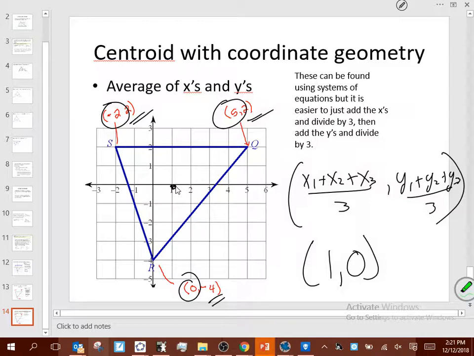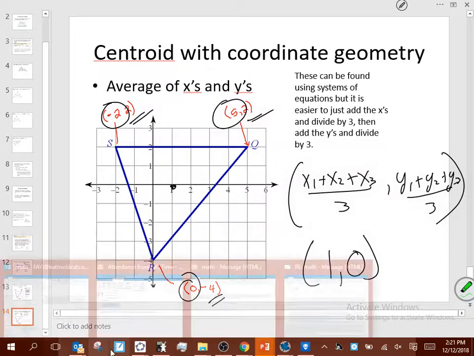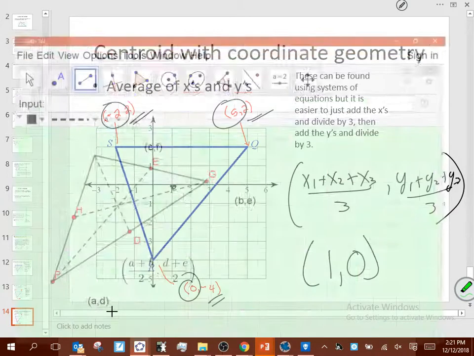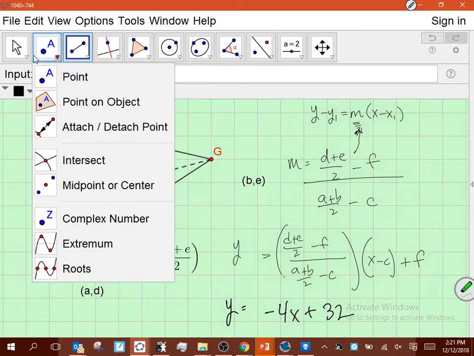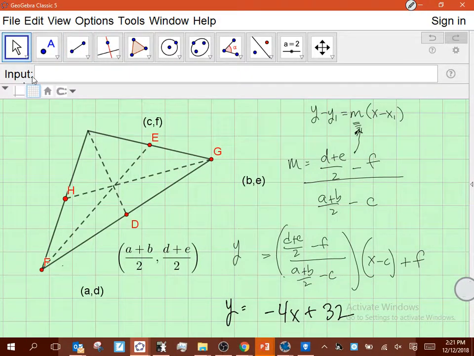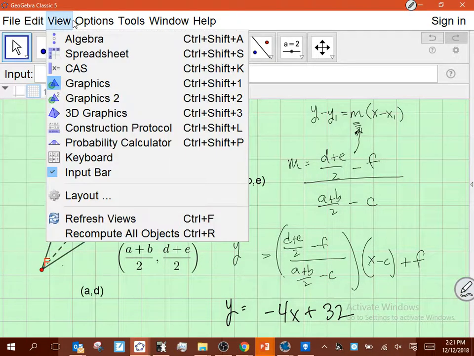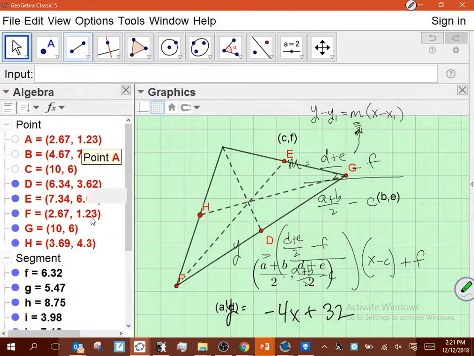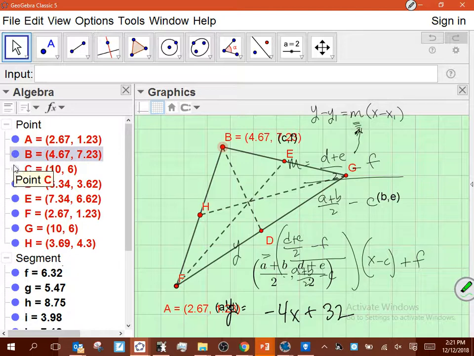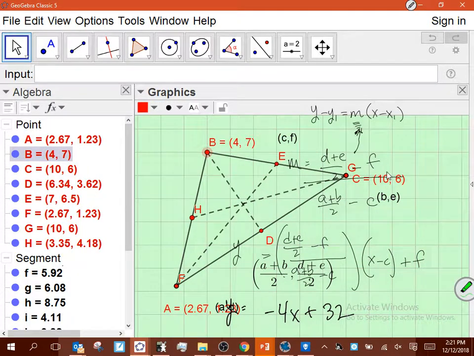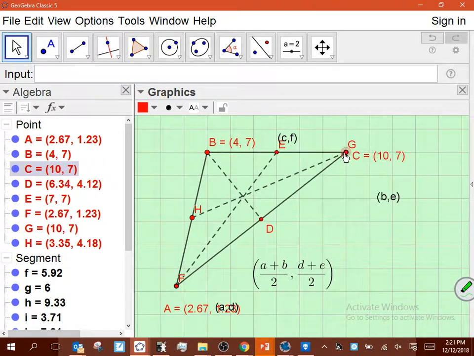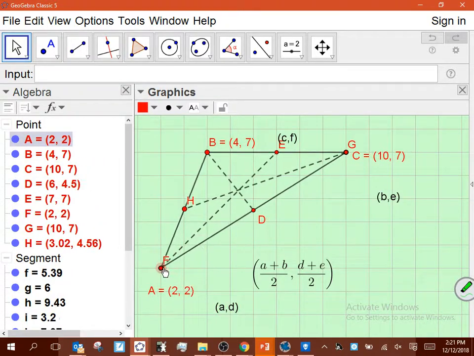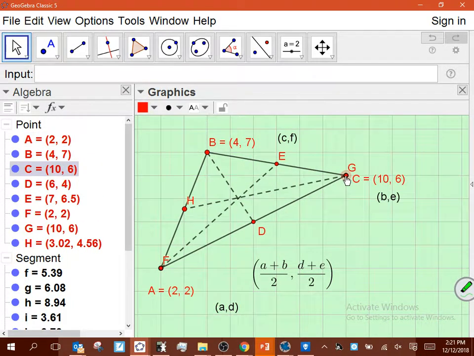Okay. If we look back to GeoGebra, just to give you another example of that. I'm looking at points A, B, and C. Let's put those at specific values that we can add together pretty quickly. Look at these 3.